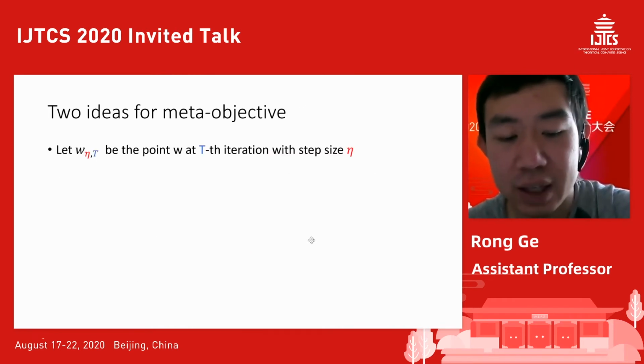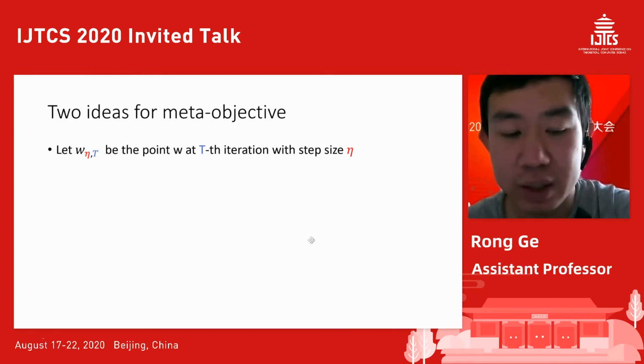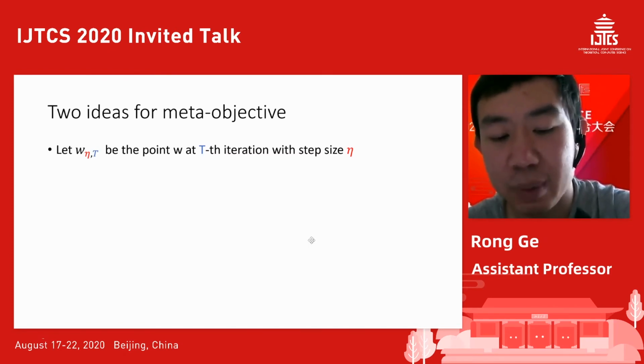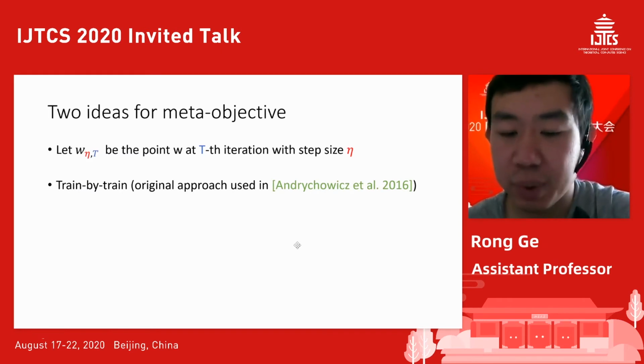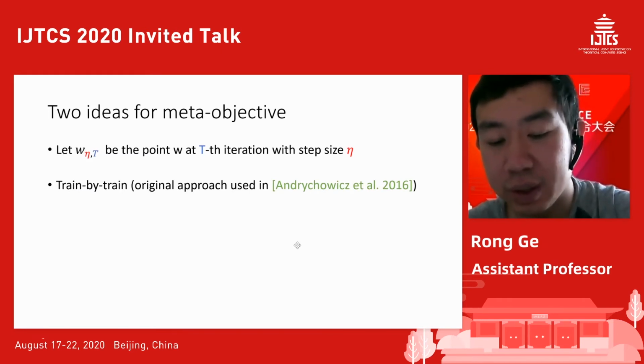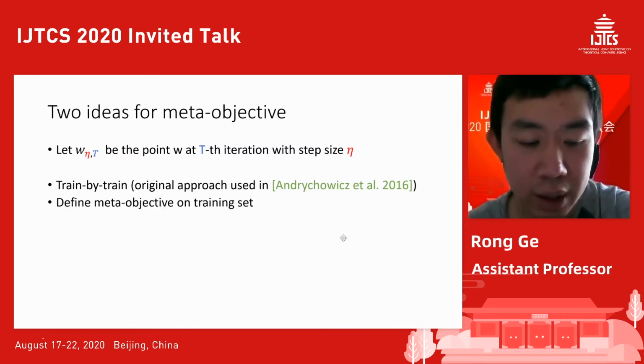So let W of eta t, this is the same notion as before, be the point W at the tth iteration of gradient descent with step size eta. The first approach we are going to call the train-by-train approach. This is the original approach used in the original learn-to-learn paper.